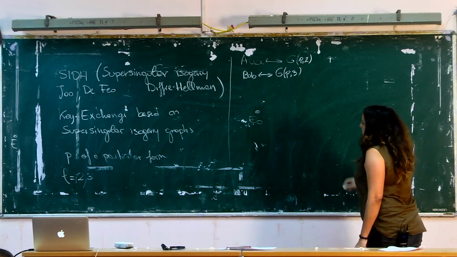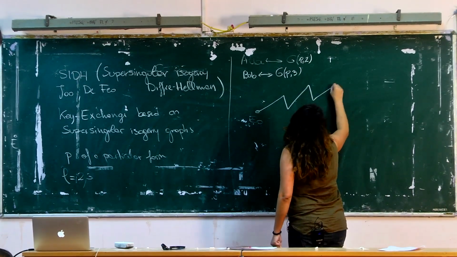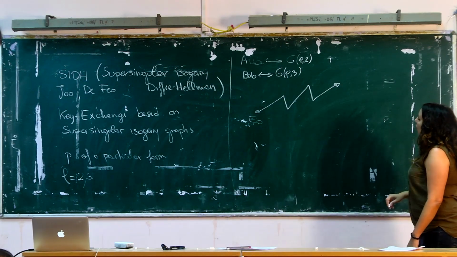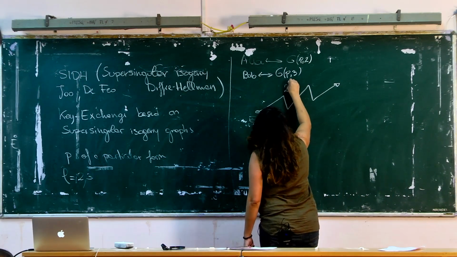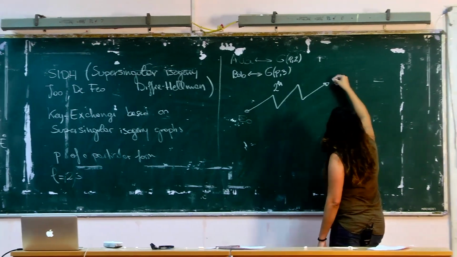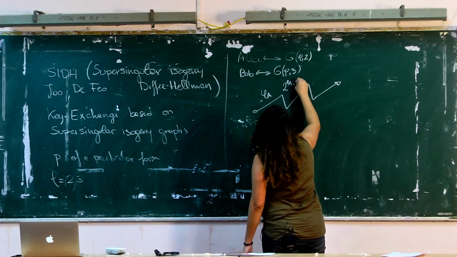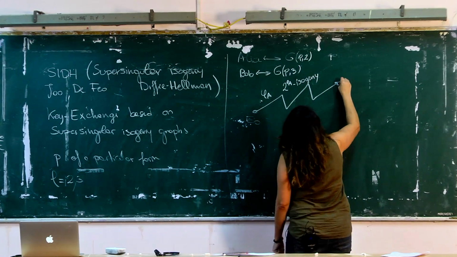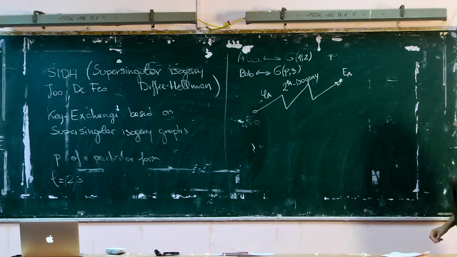Okay? So Alice starts, she does a walk of a specific length. So this is an isogeny of degree 2 to the e_A, so phi_A, a 2^(e_A) isogeny. And she lands on an elliptic curve E_A, okay?